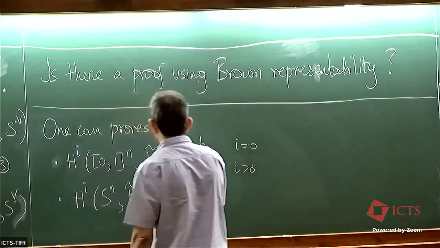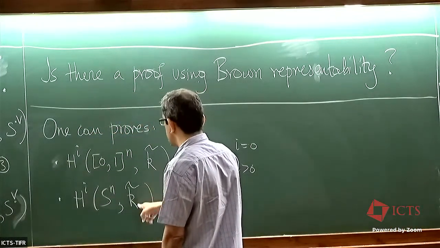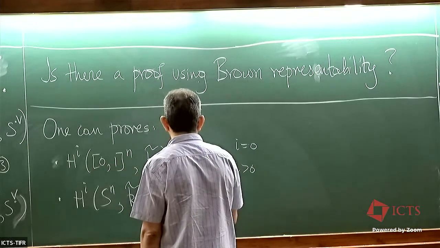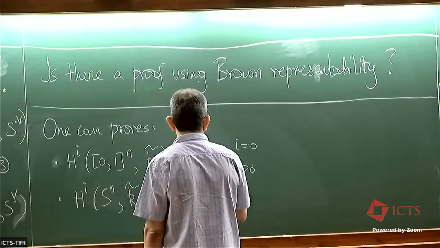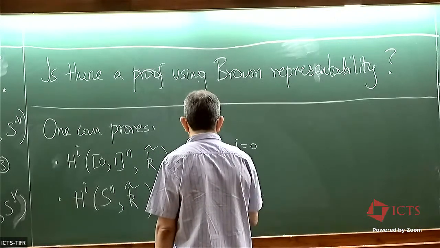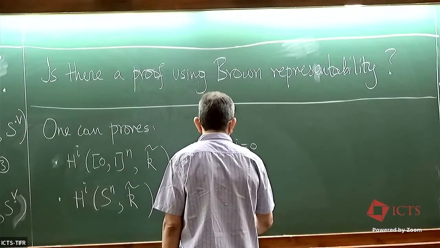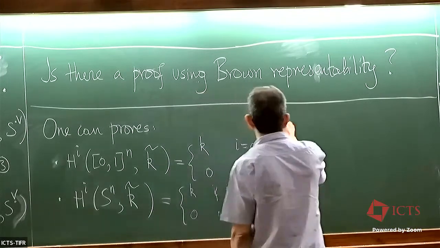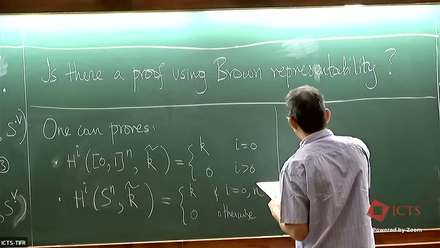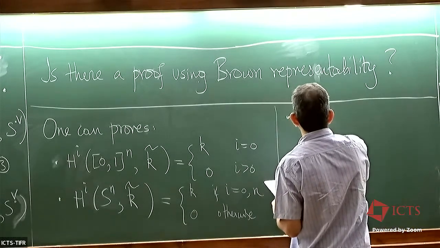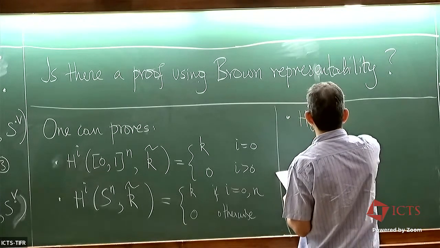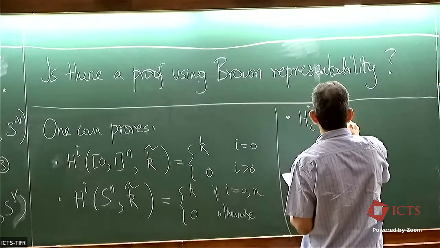I'm not writing the subscript to the k tilde here, but it's understood to be k tilde on this particular space. So this is again as expected. This is k if i is equal to 0 or n and 0 otherwise. These are the standard things that you would expect any compactly supported cohomology to satisfy.